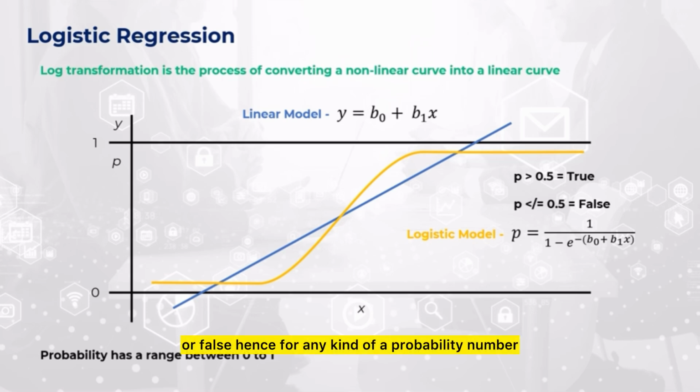Hence, for any probability number you receive, which ranges from 0 to 1, you will have only two outputs. It will be 1 if it is more than 0.5, and 0 if it is less than or equal to 0.5. Hence, the overall output of a logistic regression model is always binary, 1 or 0. And depending on this 1 and 0, we will be enabling a model which can help us in our decision making.